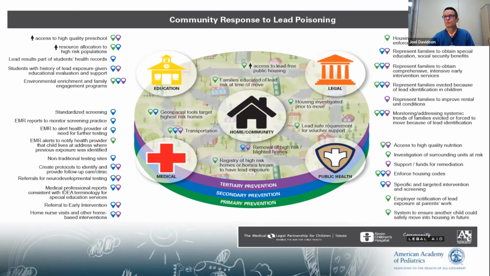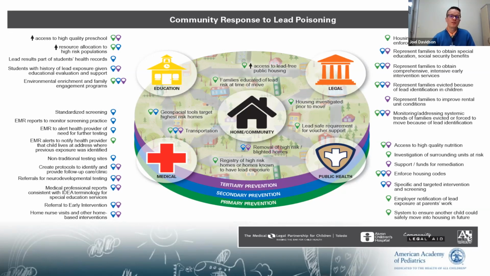Maybe some other examples of secondary prevention, helping families obtain benefits around educational access once a child is exposed. One of the things that we've done in Ohio is that lead exposure by itself is now a qualifying condition to receive special early intervention services, which is a really big win for us in Ohio.